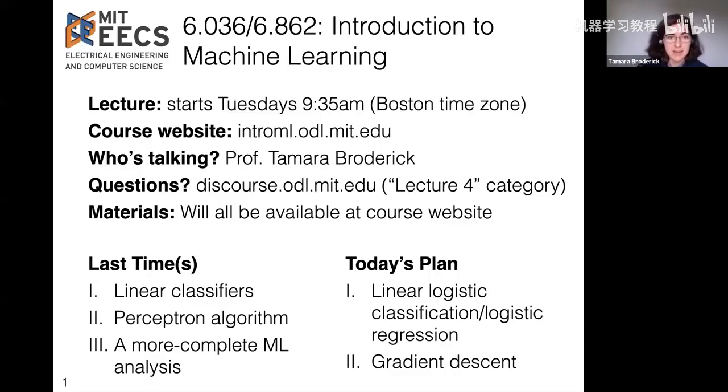So last time and last times, we've been talking about linear classifiers for a bit now. We have developed various algorithms. One of the big ones that we've been focusing on is the perceptron algorithm. And the very last time, we talked about a more complete machine learning analysis, going a little bit more from the start.